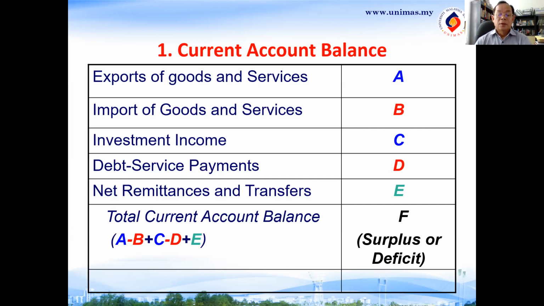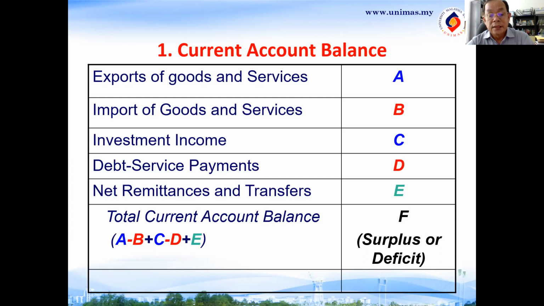So the total current account balance would be A minus B, export minus import, plus C, which is the investment, minus the debt service payment, plus E. So E could be, as I said, positive or negative.